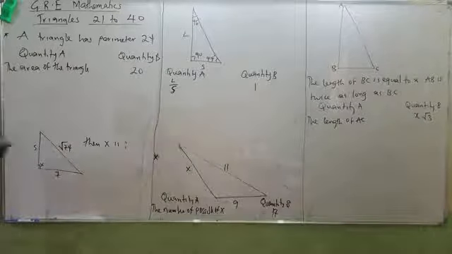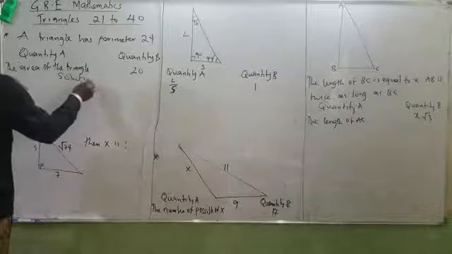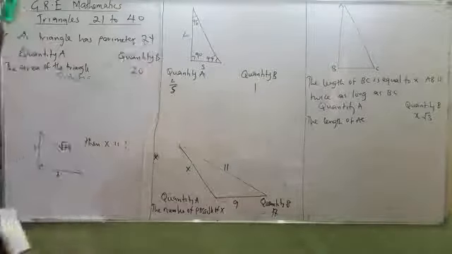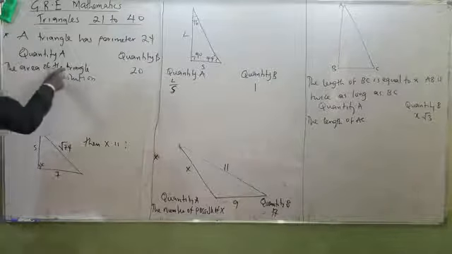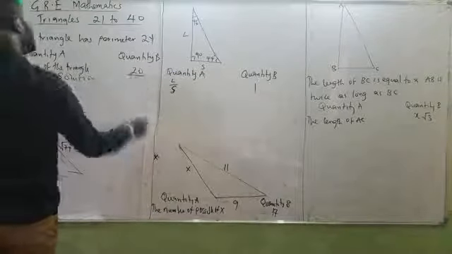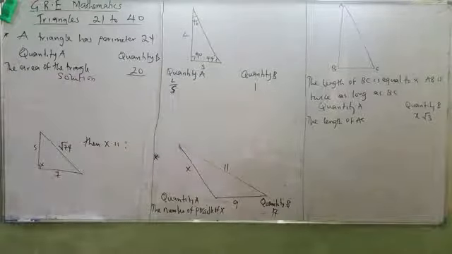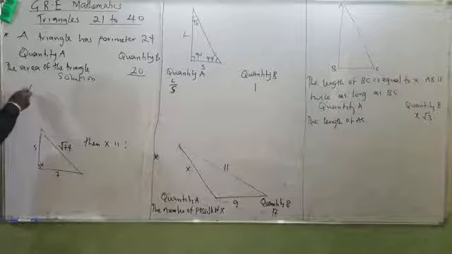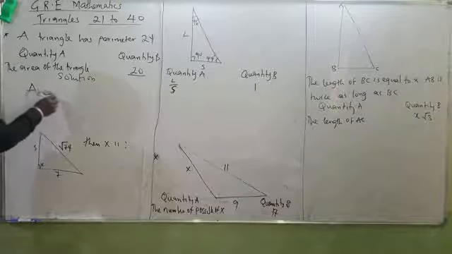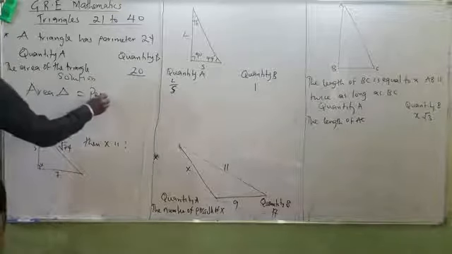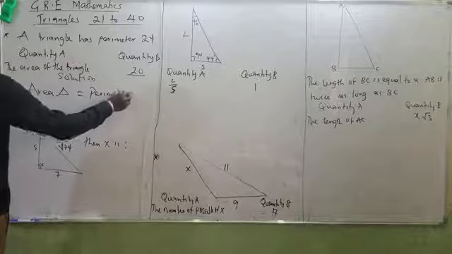The first question says a triangle has a perimeter of 24. Quantity A is the area of the triangle, and quantity B is 20. There's nothing you can do here because you can't relate the area of a triangle with the perimeter of a triangle.